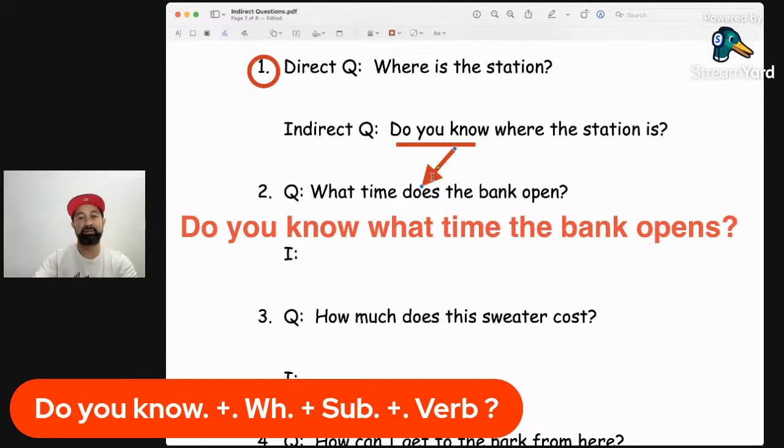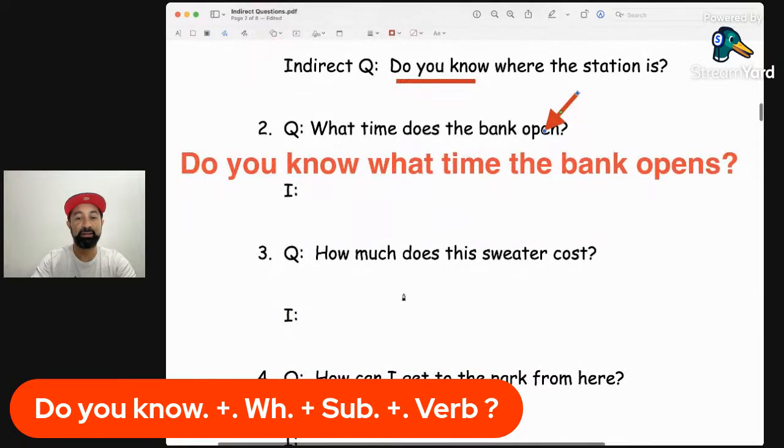We get rid of it. But this S we need to put onto the main verb open. So the S goes to the verb open. So that's why we have opens. Whenever you use does in a direct question, make sure you put this S onto the verb.